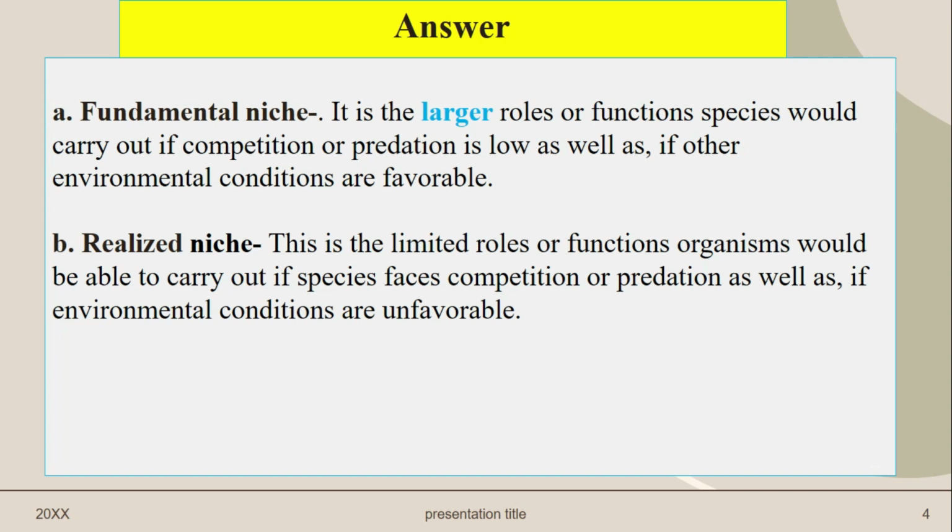All right. On the other hand, realized niche, let me read. This is the limited roles or functions organisms would be able to carry out if species face competition or predation, as well as if environmental conditions are unfavorable. So a realized niche is basically limiting the functions of these organisms.